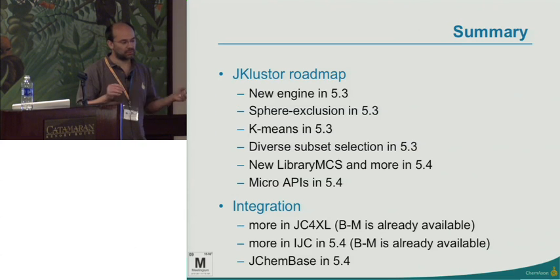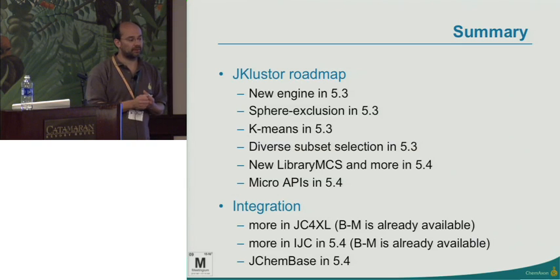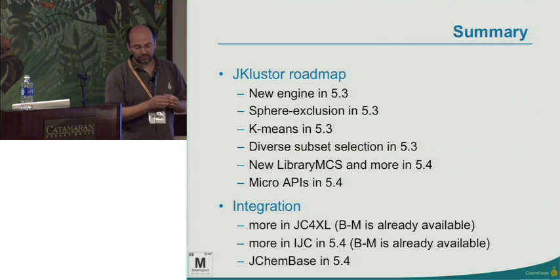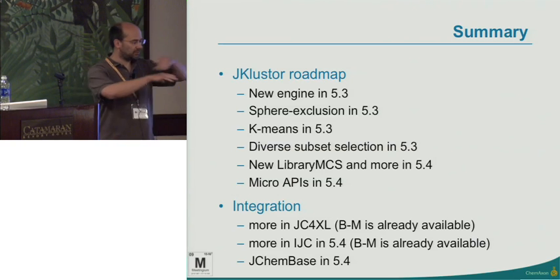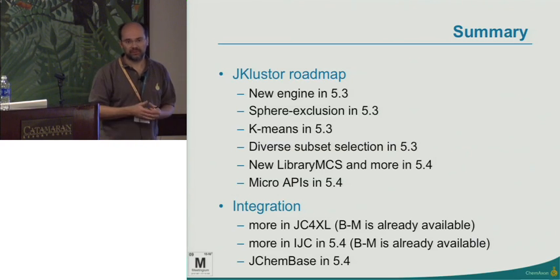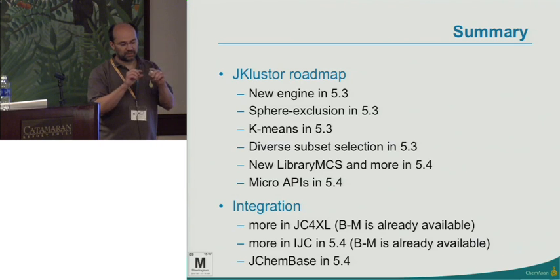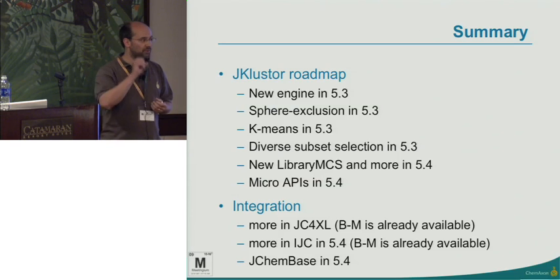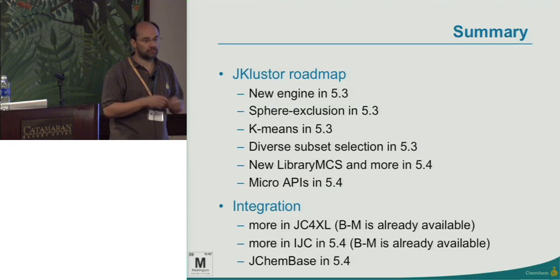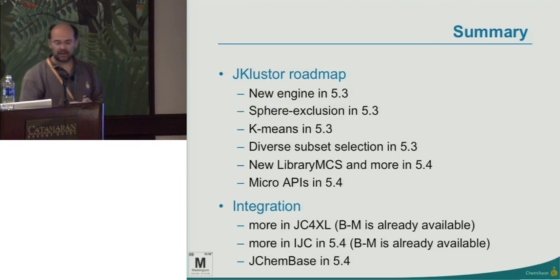So the user who wants to implement a certain application based on clustering will not face a huge API with thousands and thousands of methods, but there will be tiny task-specific APIs, a lot of them, that contain just very few functions. So, for instance, for diverse subset selection and so on.